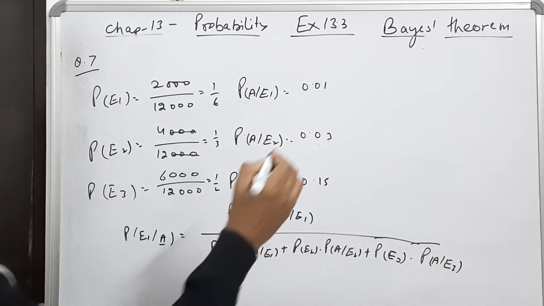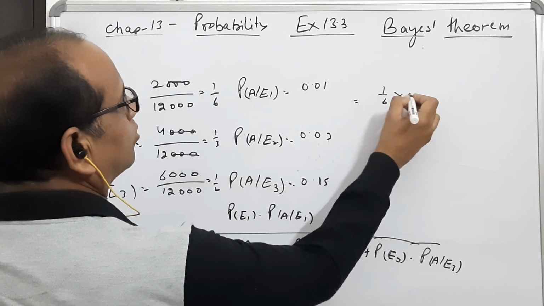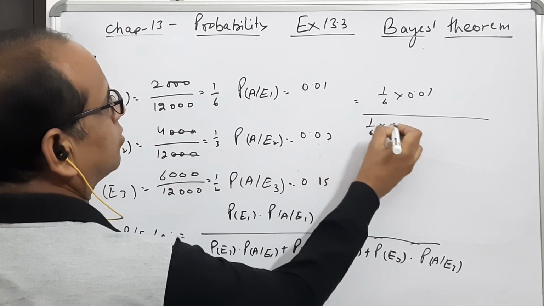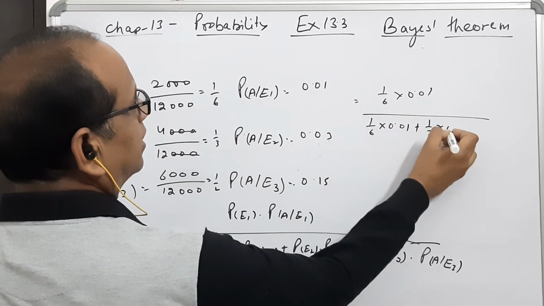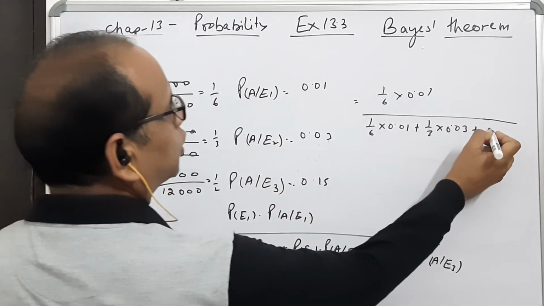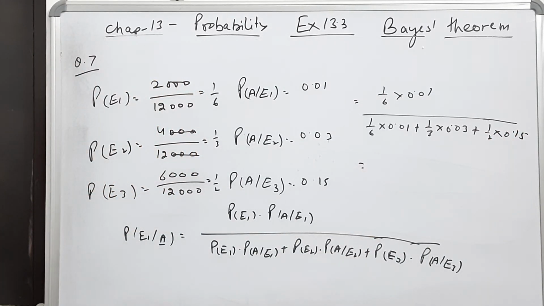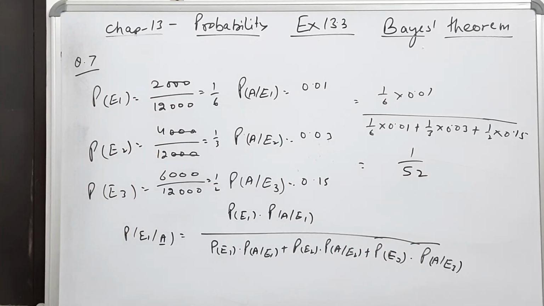So now you see the final answer is 1 by 6 into 0.01 plus 1 by 3 into 0.03 plus 1 by 2 into 0.15, and you all are students of class 12. I hope it is not required to explain you. When you simplify this part, the answer will be 1 upon 52.